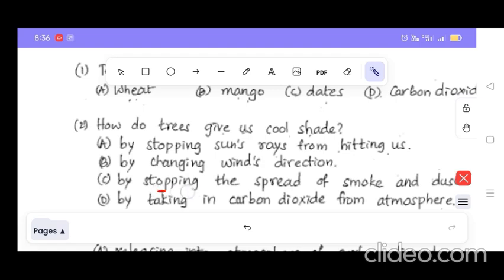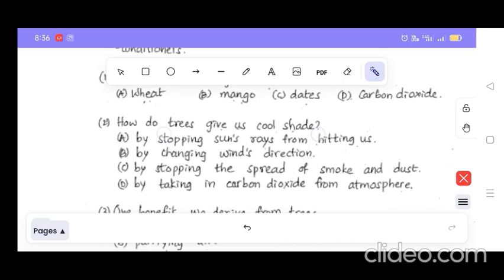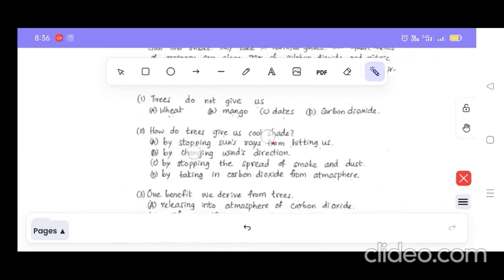They also stop the spread of smoke and dust. They take carbon dioxide also. But these three options are not directly related to the cool shade. The only option which is related to the cool shade is the sun's rays. That's why for the second question, option A is the answer. Now let us pass on to the next question.